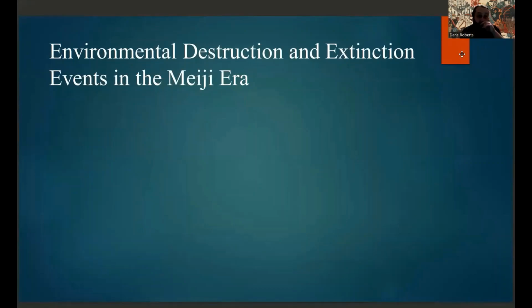Though it's also important to note that in this rush to industrialize and modernize, there would be a great deal, probably very unsurprisingly, of environmental destruction in the Meiji era.